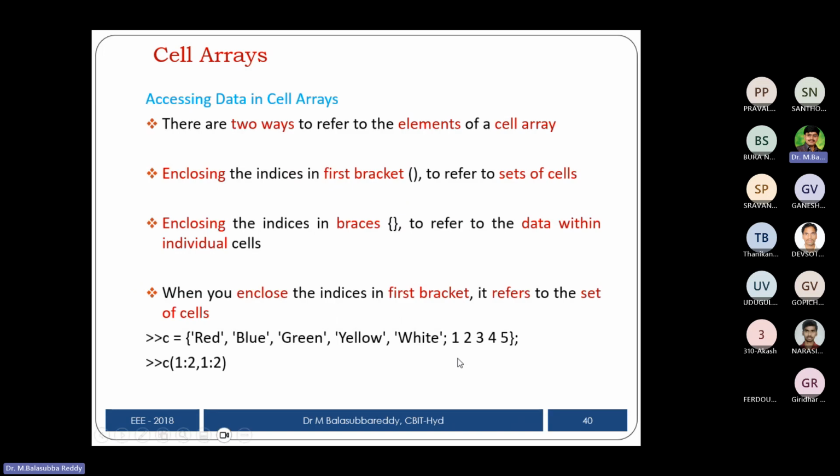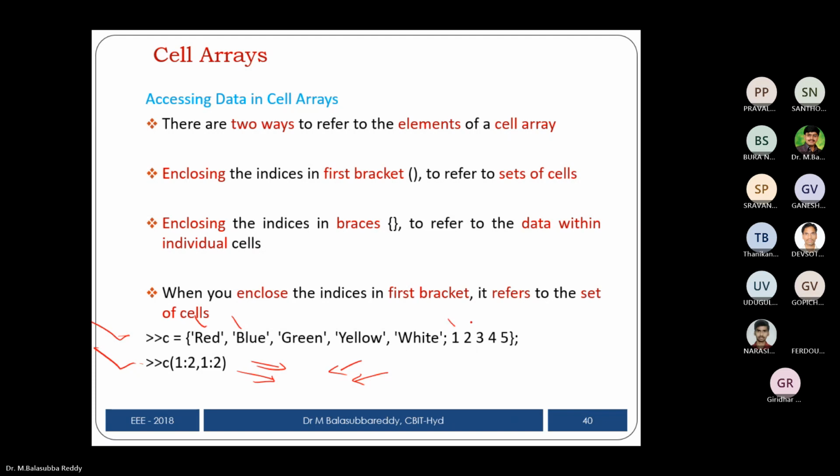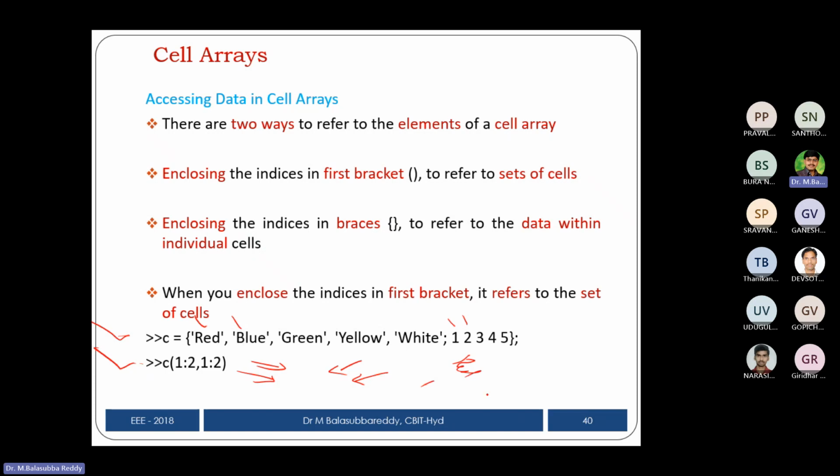Accessing data in a cell array: there are two ways to refer to elements of a cell array, enclosing in brackets based on that. So you can see, now tell me what your answer is. If I type this, C is available like this. If I type first row to second row, then first column to second column, then what is your answer? The answer will be red 1, blue 2.